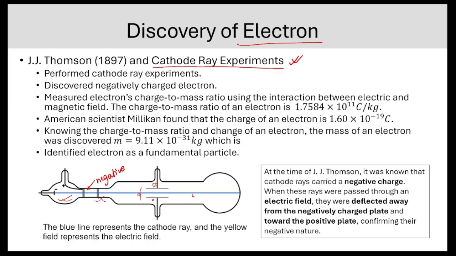From the basic principle of charge, we know that the same charges will repel each other, and opposite charges will attract each other. So if you look at the deflection of this beam and the charge applied in this electric field, we can see that the beam is attracted toward the positive charge, or repelled from the negative charge.